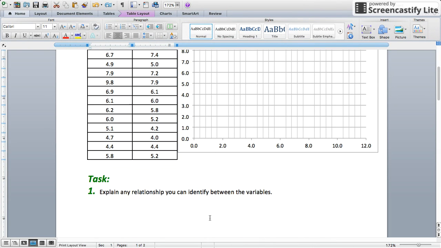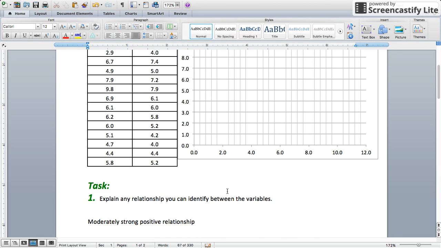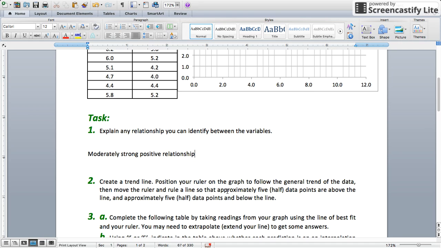So under 1, I'm going to say that this is a moderately strong positive relationship. The way that we can prove this, if we're asked to prove it, is to calculate the correlation coefficient and calculate the slope.